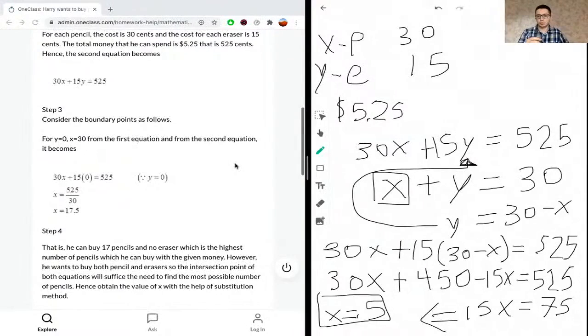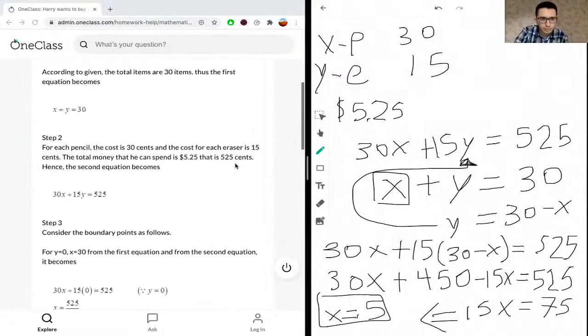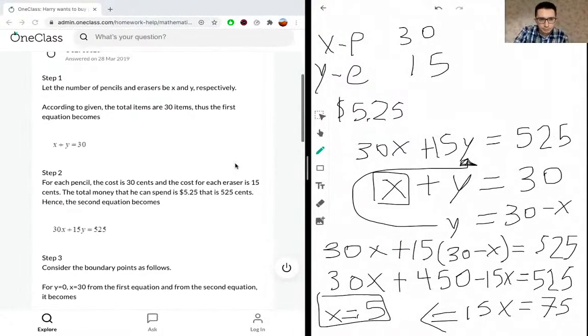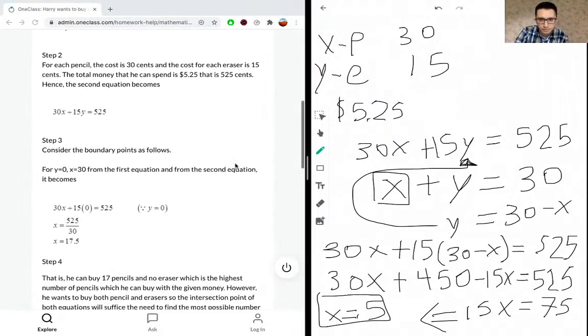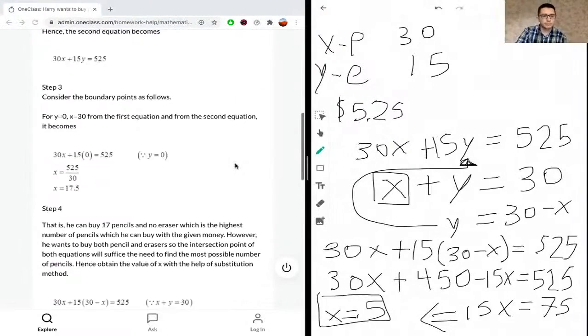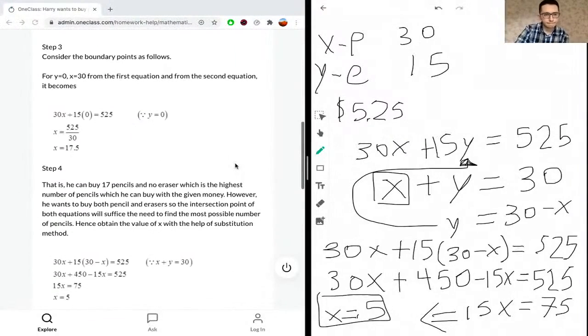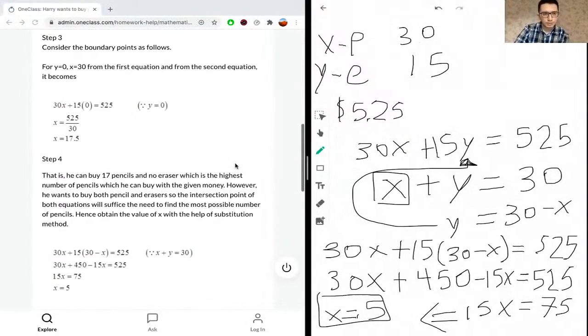So let's just take a look at this solution provided in a little more detail. So here they start off defining the correct equations. They set y equals to 0 and x equals to 30.